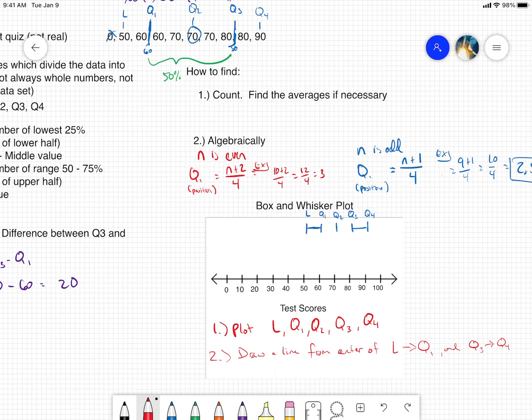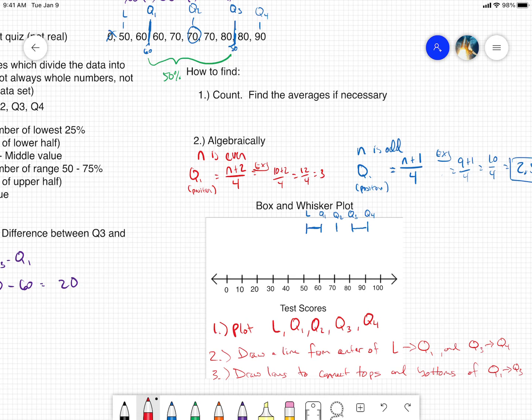Our third step is draw lines to connect the tops and bottoms of Q1 through Q3.